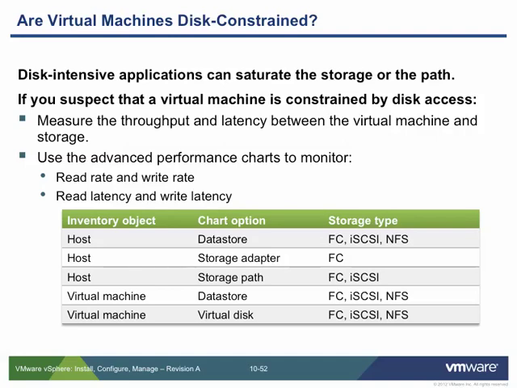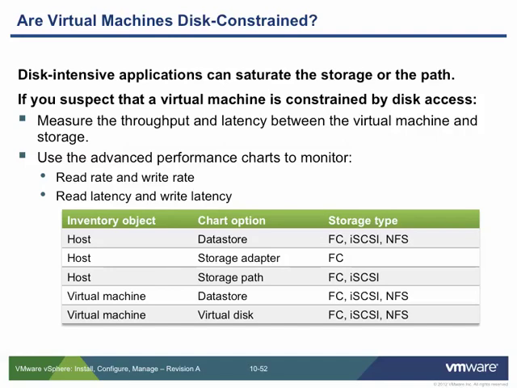So how about disk constraints? Well, disk-intensive applications can bring your environment down. Think about your virtual machines accessing those disks, and if those disks aren't available for swapping or for whatever reason, you can have issues. If they're locally attached, you're going to get good speed.